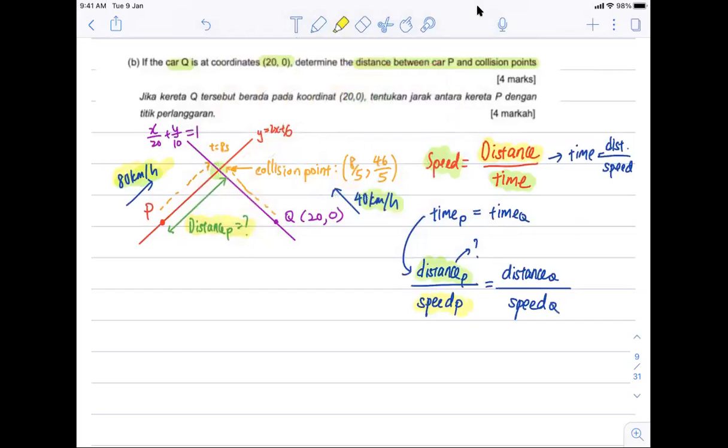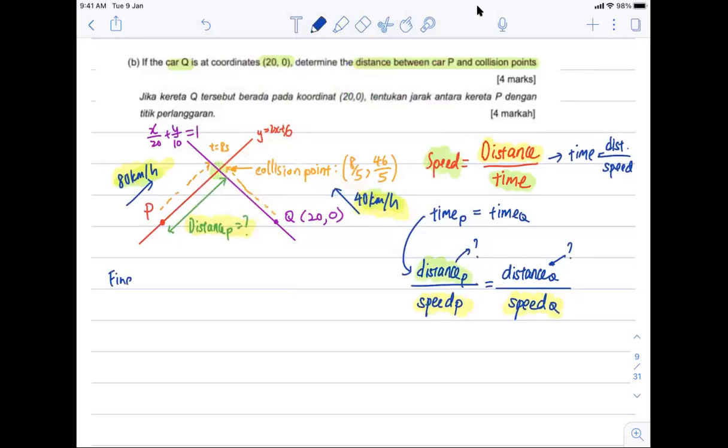And then we also have speed Q, which is also provided in the question as 40 km per hour. Okay, so what we don't know is distance Q. So we have to find distance Q first.